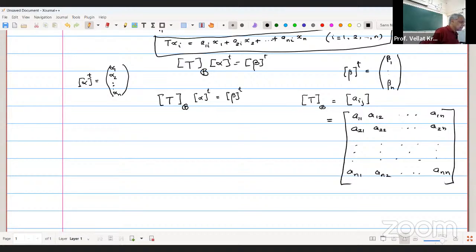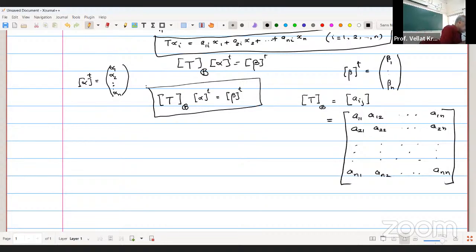Okay. So this is the basic equation. So we have successfully obtained the matrix representation. For example, I just give an example of how to get the matrix representation.